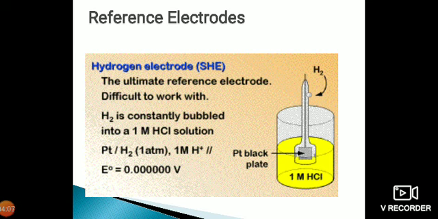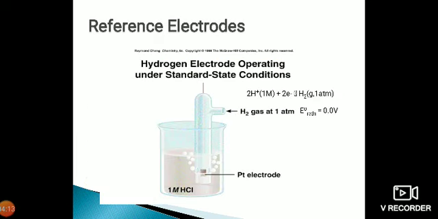It consists of a platinum electrode immersed in a 1 molar solution of H+ ions maintained at 25 degree centigrade. Hydrogen gas at 1 atmospheric pressure enters the glass hood and bubbles over the platinum electrode. The hydrogen gas at the platinum electrode passes into the solution, forming H+ ions and electrons.